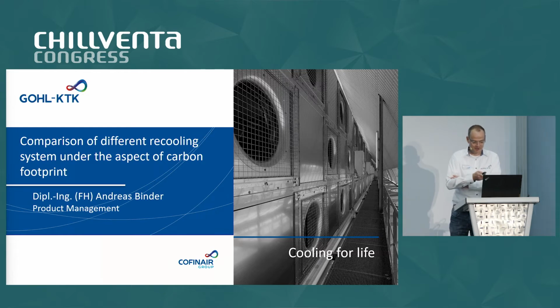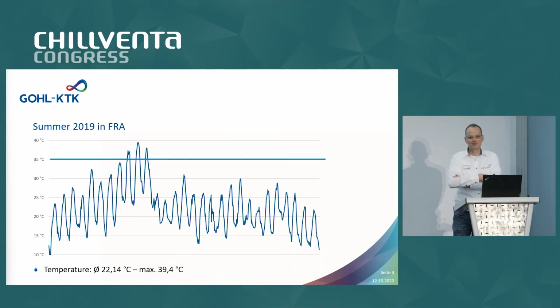So recooling is very important because you see here, for example, the summer of 2019 and the temperatures in Frankfurt am Main. We have an average temperature in the summer of 22.14 degrees, but we have different maximums on 3 days that are above 35 degrees Celsius, and they reach a maximum of 39.4 degrees Celsius.